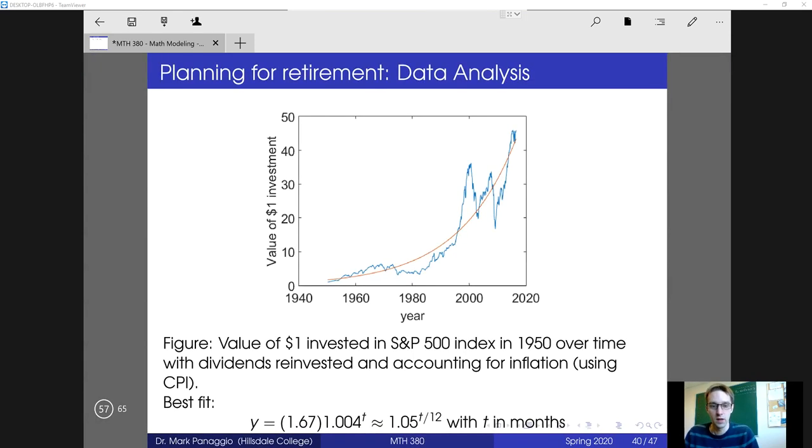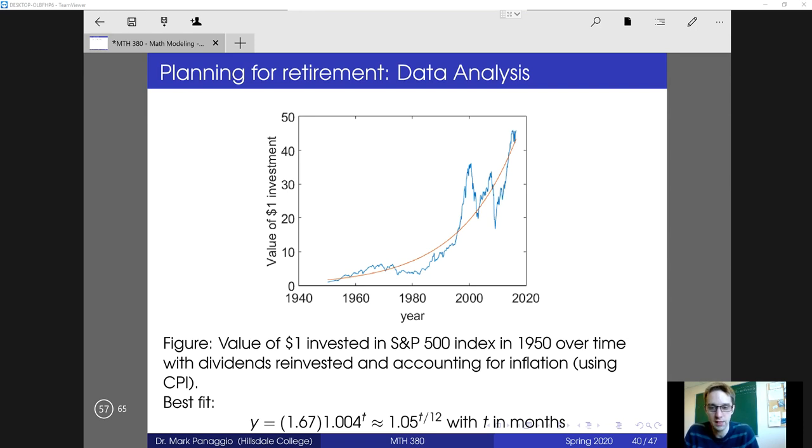All right, so if we want to actually be able to predict how much we need to save, we need to know how the stock market behaves. And so the first thing you might do is go out and find some data about how the values of stocks in aggregations of stocks like the S&P 500 index behave over time.